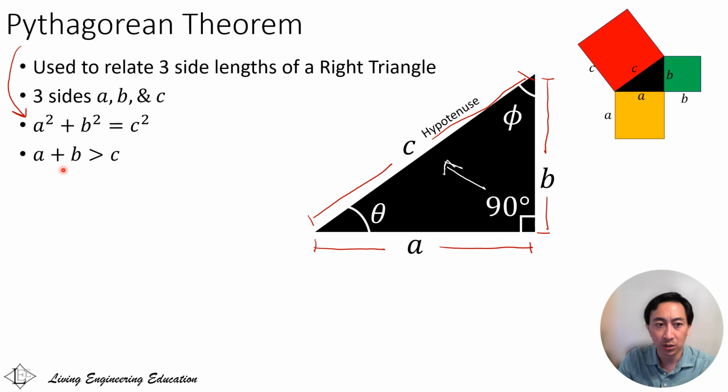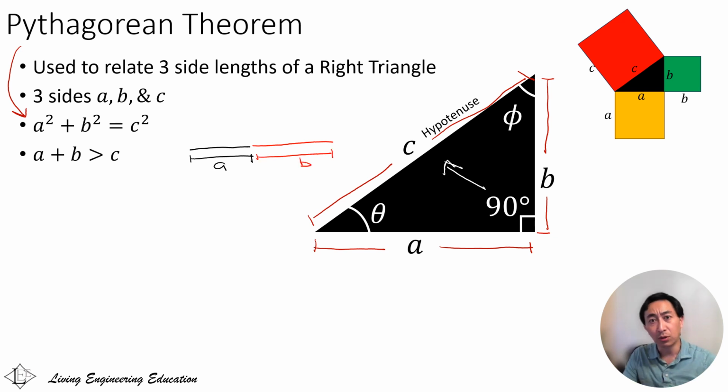One of the rules about triangles is that the sum of A and B is always going to be greater than C. And this is not only true for right triangles, this is true for any triangles. An easy way to demonstrate this is to draw some length A and then some length B, and let's say that these are completely flat.